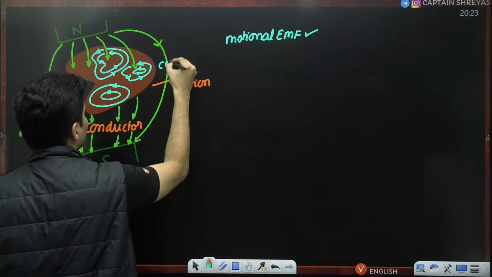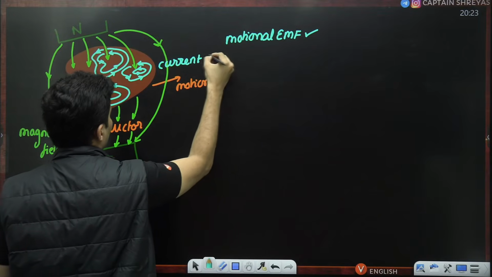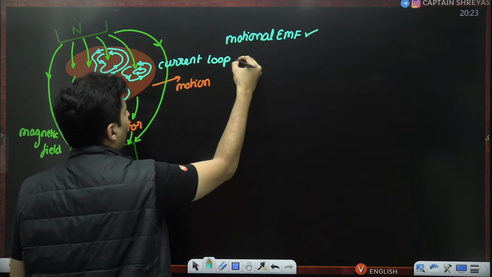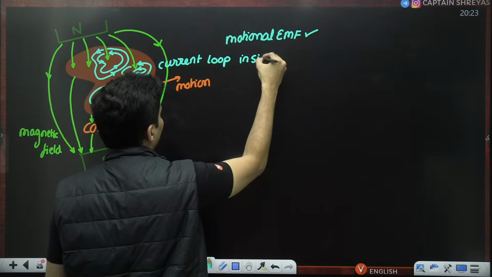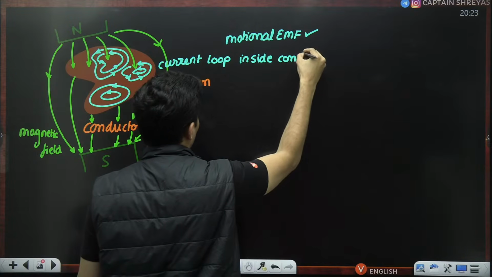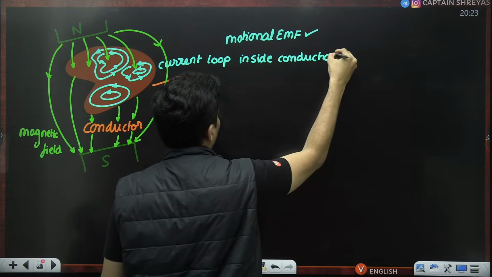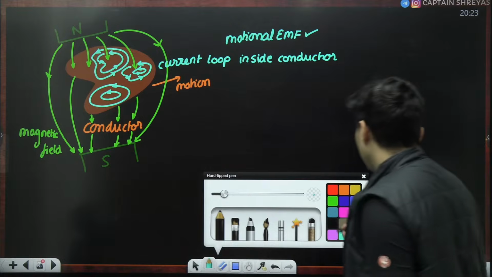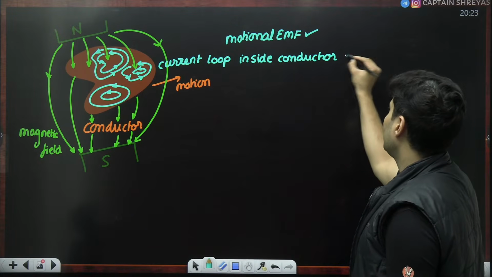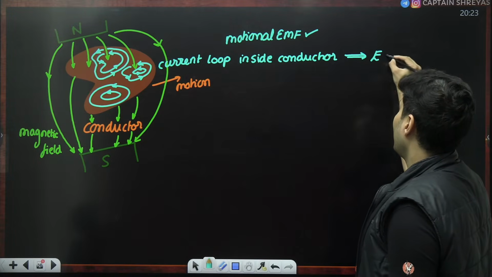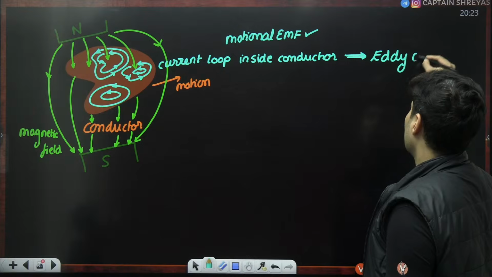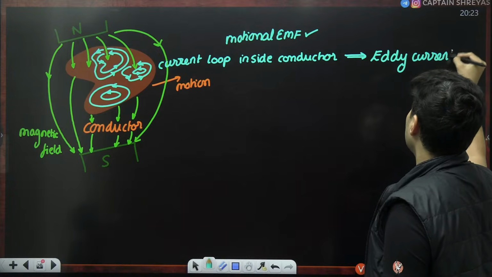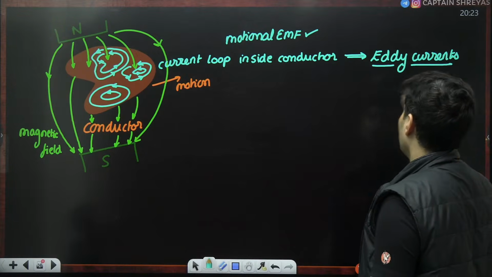What if these current loops are formed inside the conductor, which is moving inside a magnetic field? This type of current is basically called eddy currents. Very, very important thing.